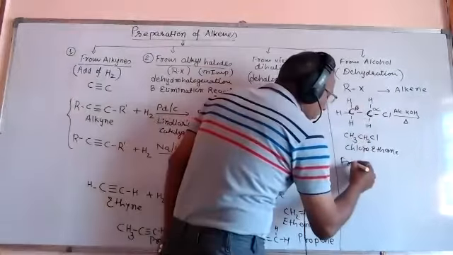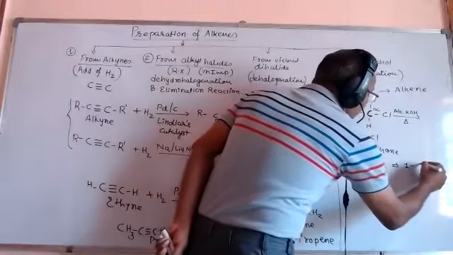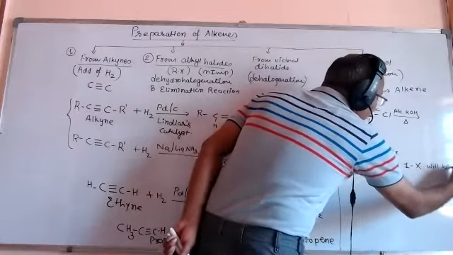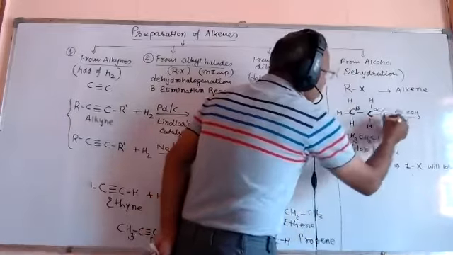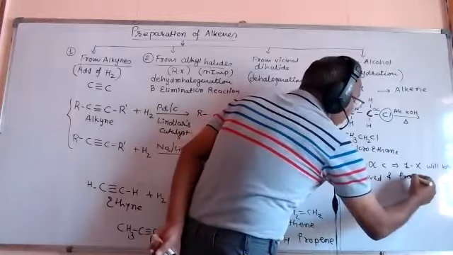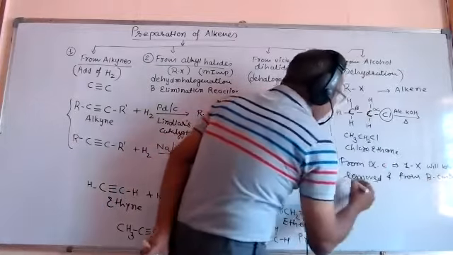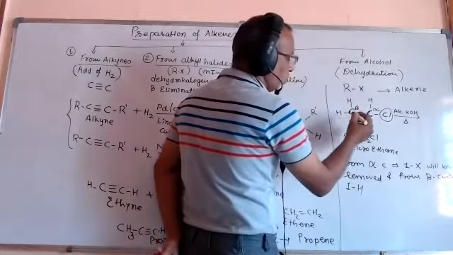From alpha carbon, one halogen will be removed. So this is to be removed, and from beta carbon, one hydrogen. So any hydrogen you can consider out of these three.